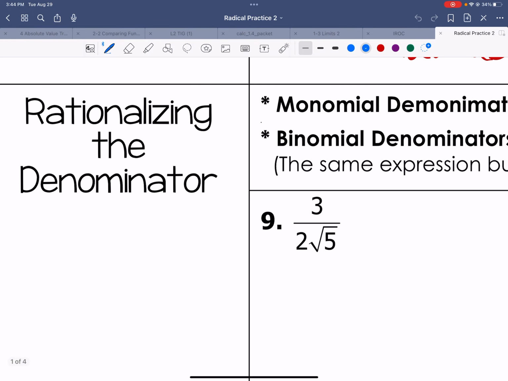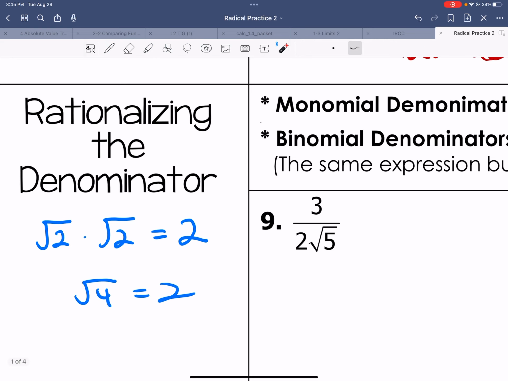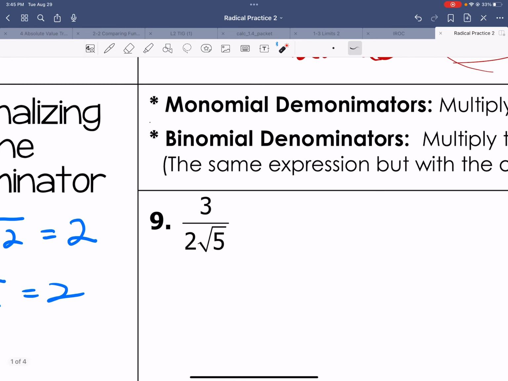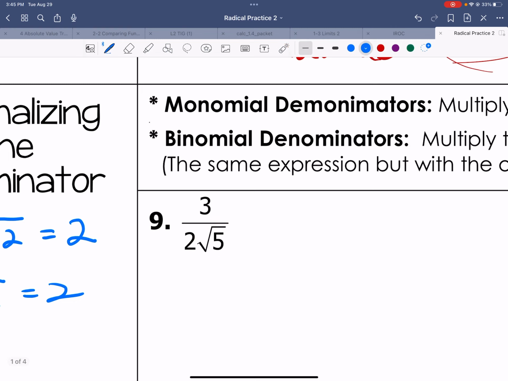But before I go over this, just letting you know: square root of 2 times square root of 2 is equal to 2, because square root of 4 is equal to 2. So keep that in mind. If you multiply the same number, you get the number inside. Same thing here. If you want to get rid of the square root of 5, you multiply by square root of 5, top and bottom.